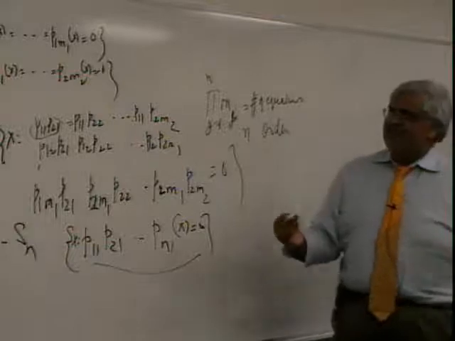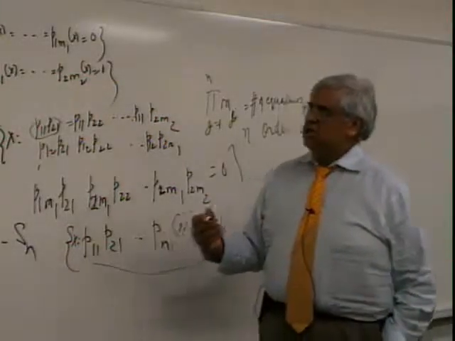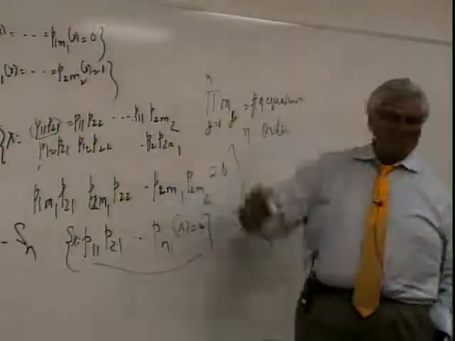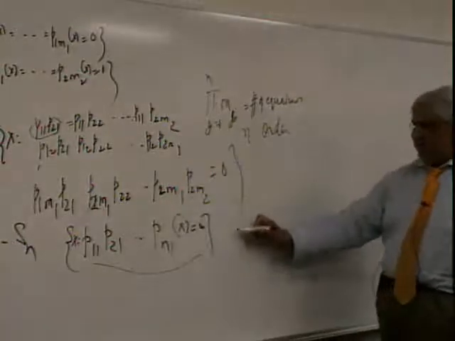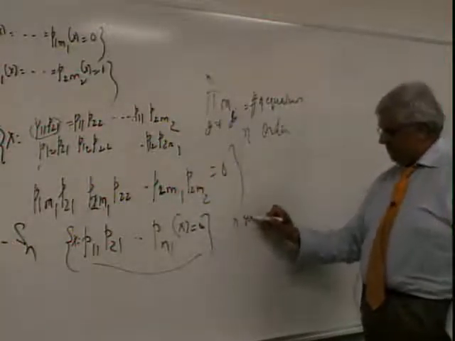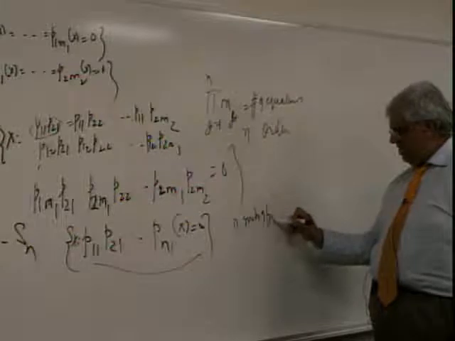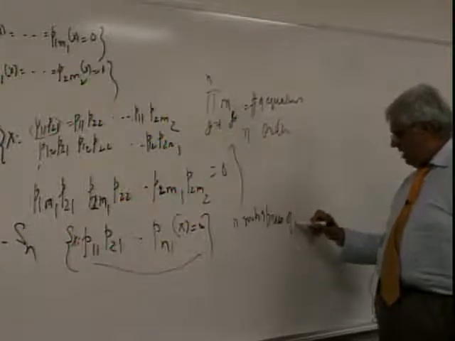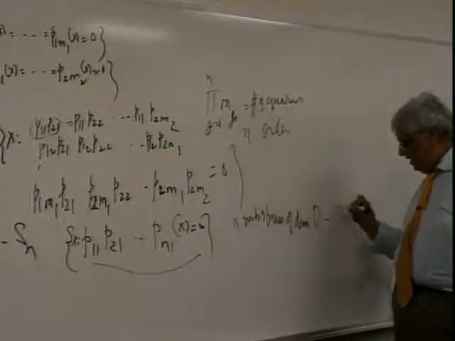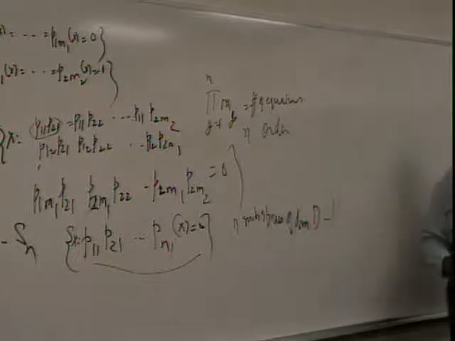For instance, if somebody told you that you had n subspaces, what would this correspond to? This corresponds to n subspaces, each of dimension d minus 1, one less than the dimension of the ambient space.